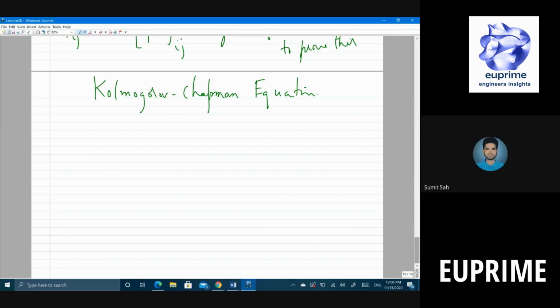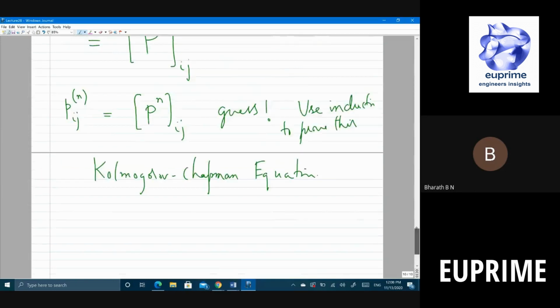Okay. Now, let's look at a few other things. From this we know that I can write these states as circles, right? We saw that here.